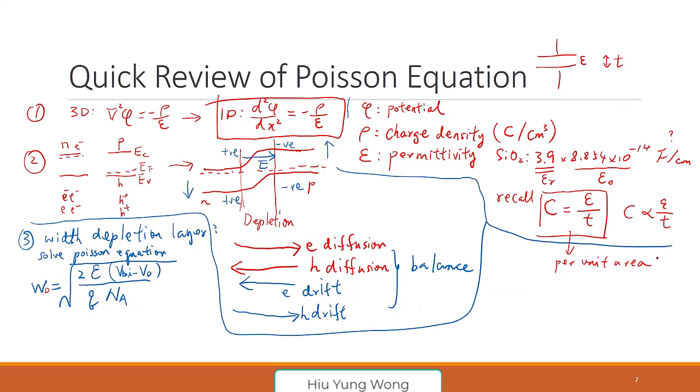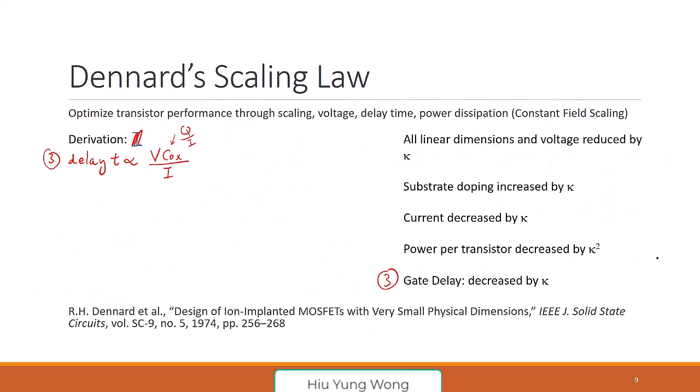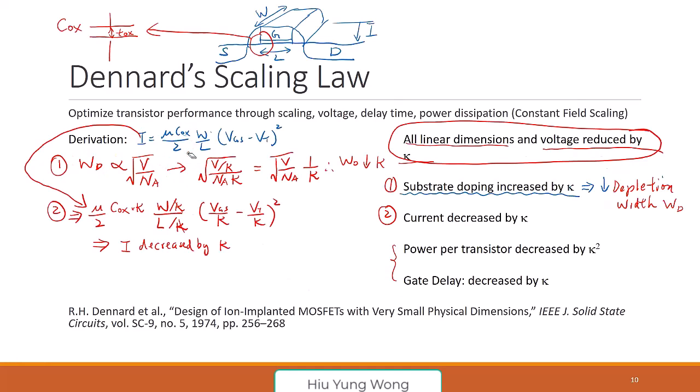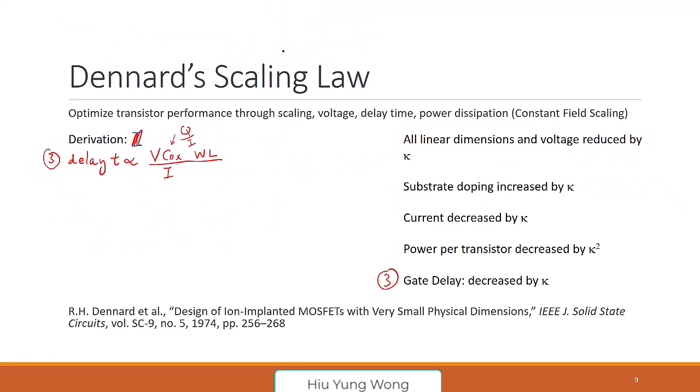So the capacitance we're going to charge, I actually should multiply by WL. If you look at this figure, this is the area, which is W times L. You use this one to drive the next stage, right? So I should multiply that by WL, right? So the voltage decreased by kappa. The capacitance increased by kappa.